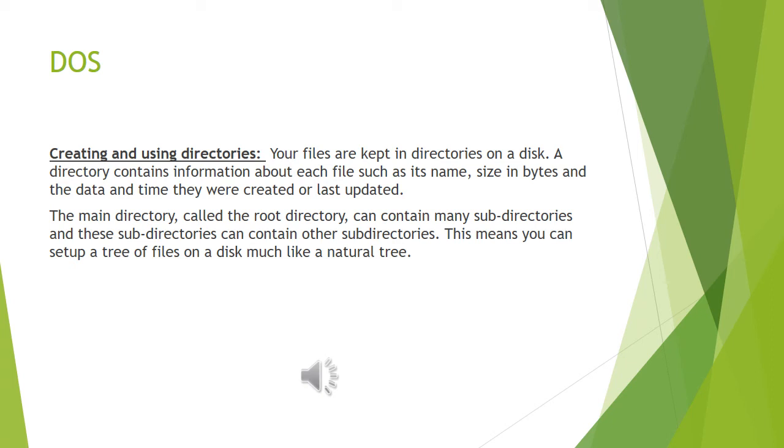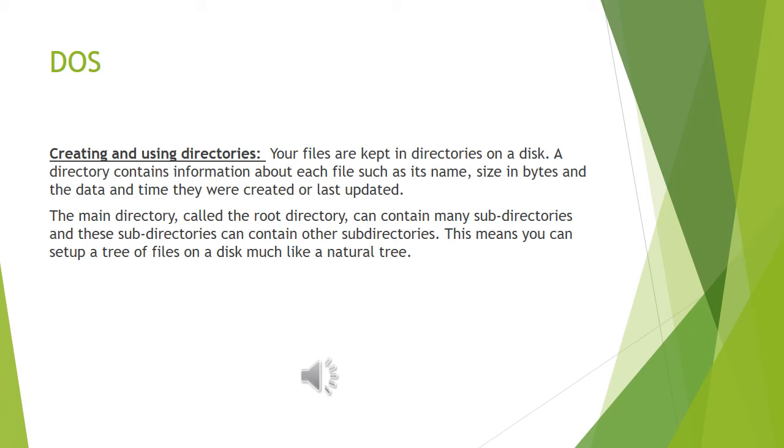The main directory, which is called the root directory, can contain many subdirectories, and these subdirectories can contain other subdirectories. This means you can set up a tree of files on a disk much like a natural tree.